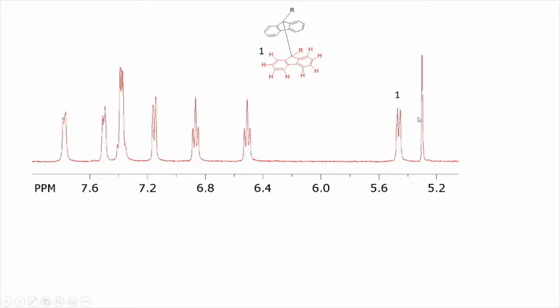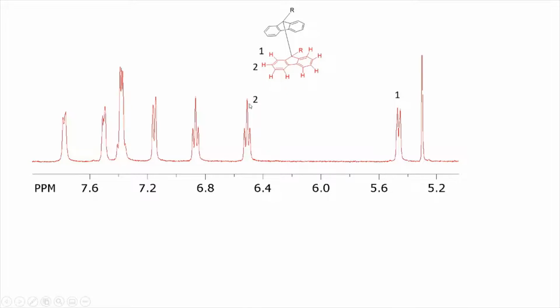So this is number 1 proton, and this is number 2 proton, and this signal is 2. You may ask why it is 2, why not this one? I'll explain. Number 1 has one neighboring proton, so it is a doublet, and number 2 has two neighboring protons, so it is a triplet, and number 3 also has two neighbors, 1 and 2, so it is another triplet.